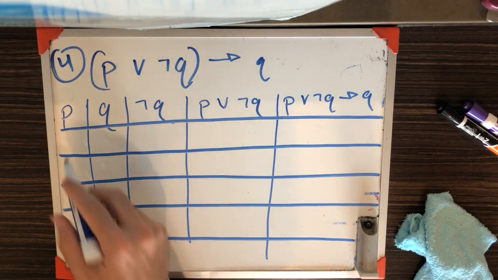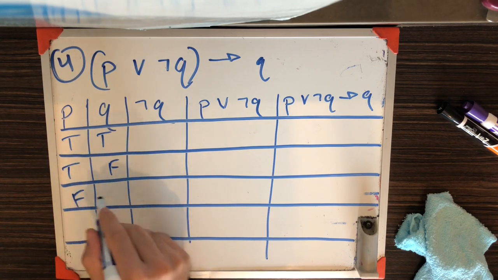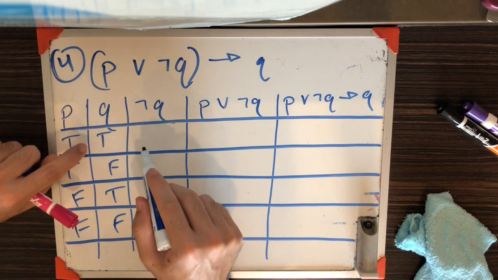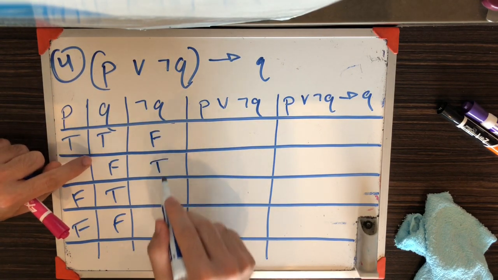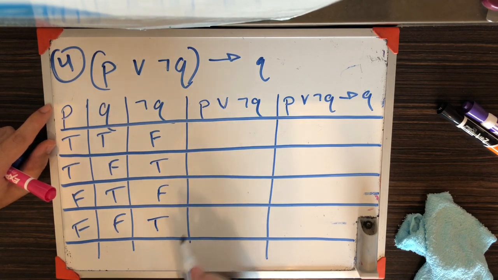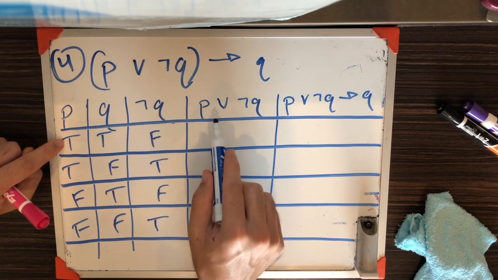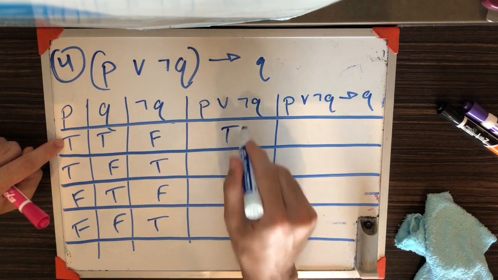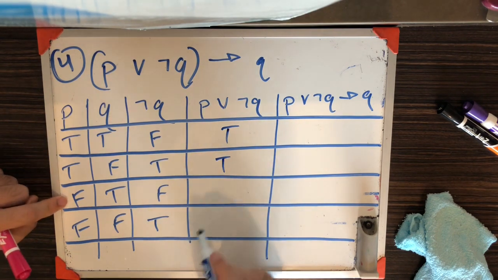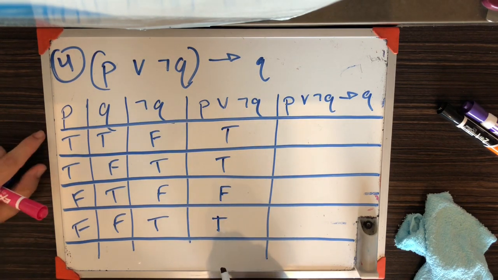All right, so P's and Q's, again, true, true, true, false, false, true, false, false. Make sure everything's represented. Negate Q, that would be false, true, false, and true. P or negate Q, well, that would be true or false, that would be true. True or true, true. False or false, that's false. False or true, that would be true.